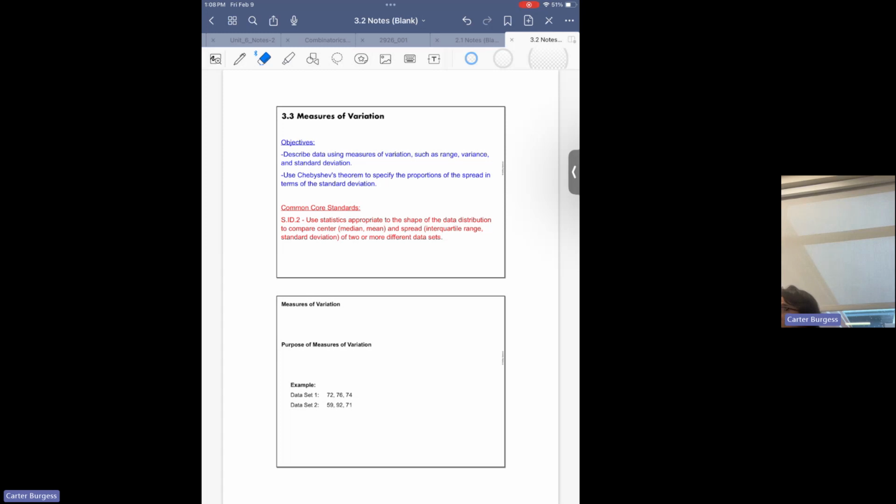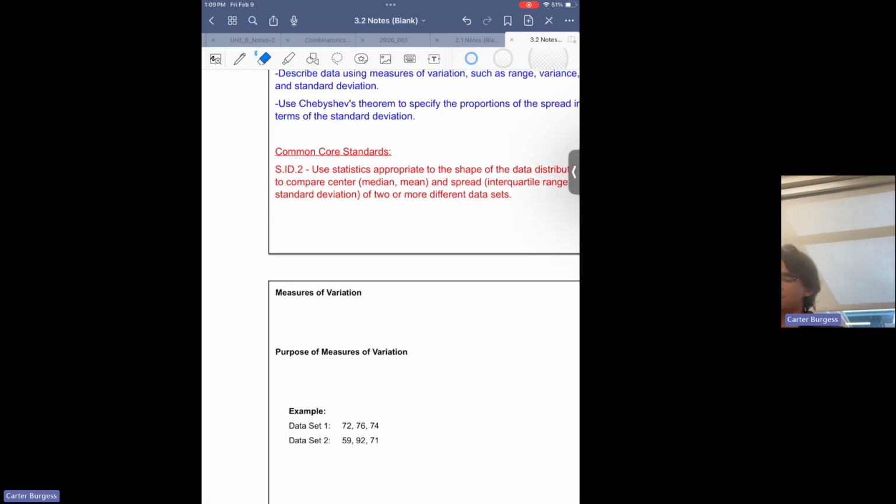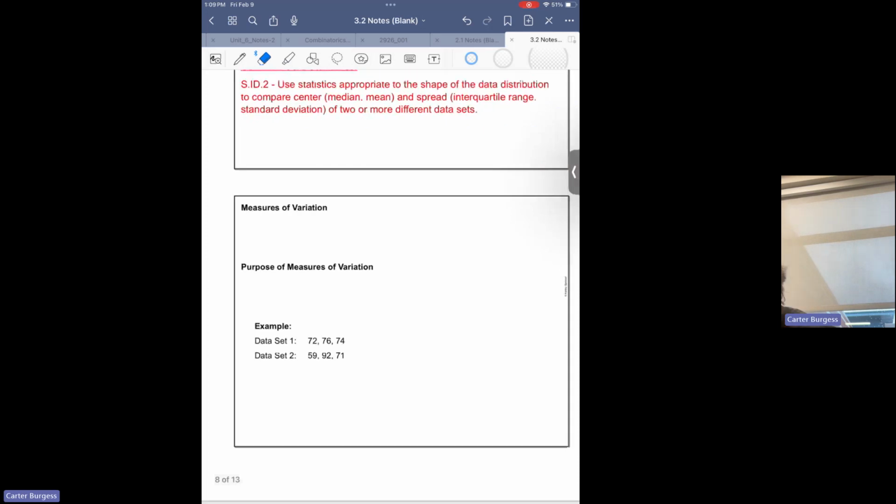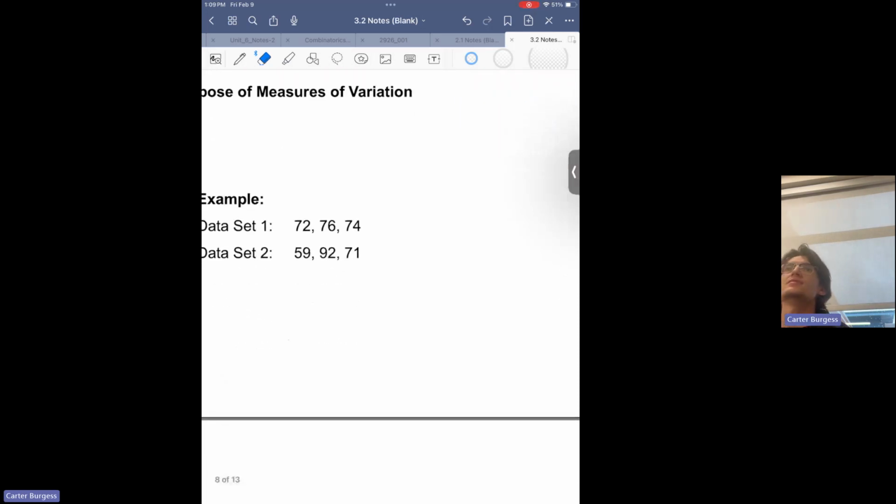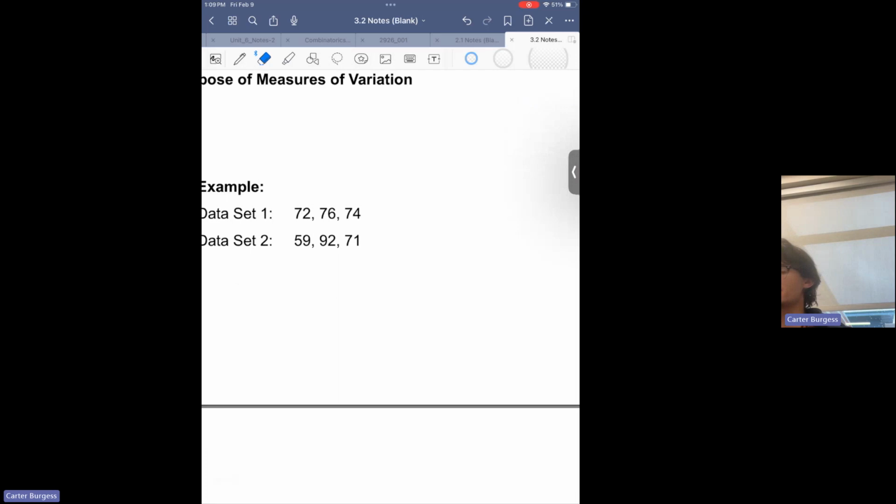But before we talk about z-scores, we have to talk about differences that we might see amongst the variation of a particular distribution. So let's start with an example, see what we can infer from this particular example.